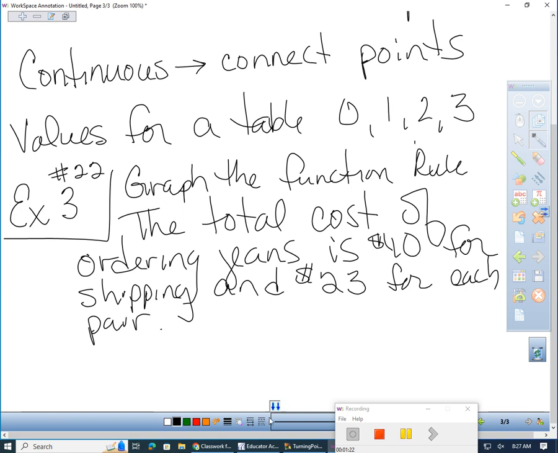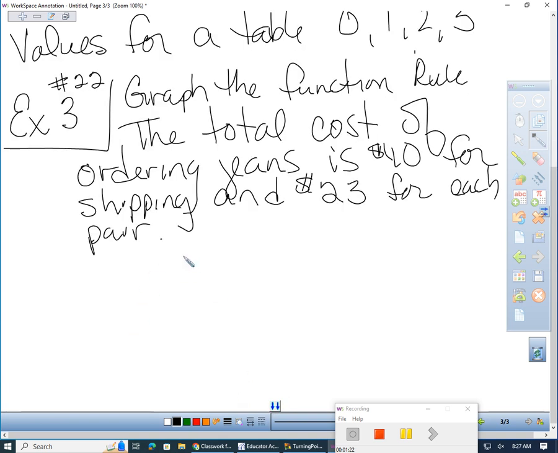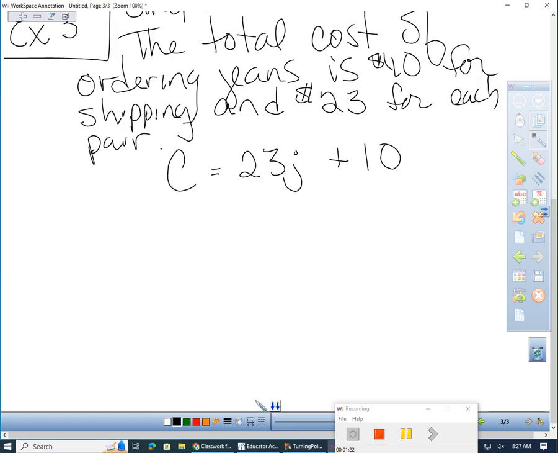And I'm going to tell you that the function rule is C equals 23J plus 10. So I'm already giving you your function rule. What we need to do is graph it.